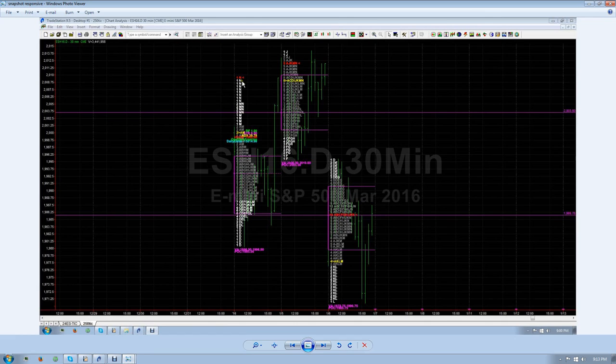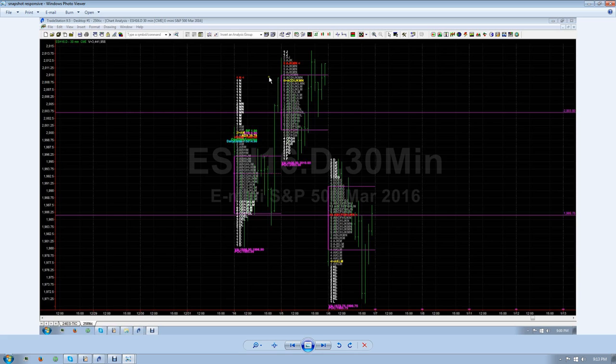And you can see here the market closed on a high, and then the market opened up about one tick below that high, and you can see the A period and the B period and even the C period came down and got into the range of the prior day.